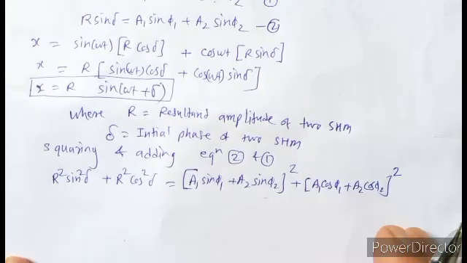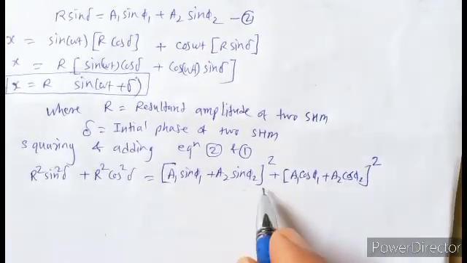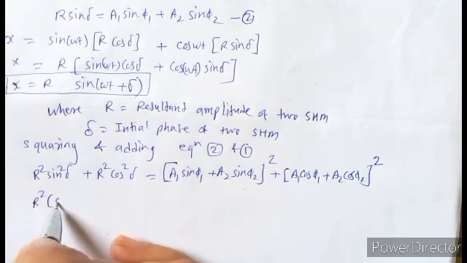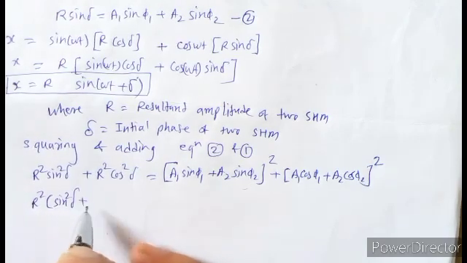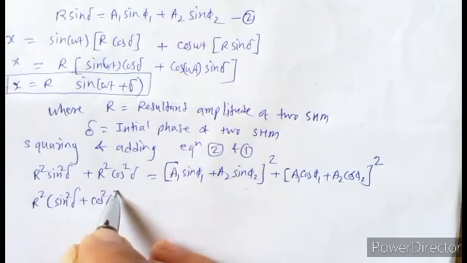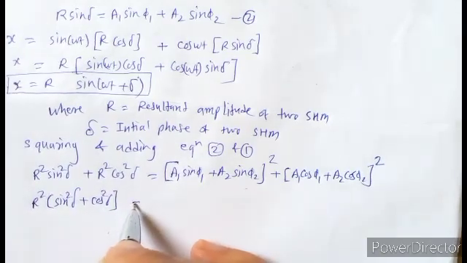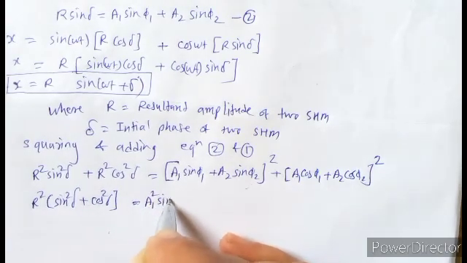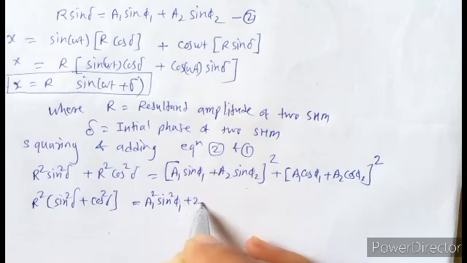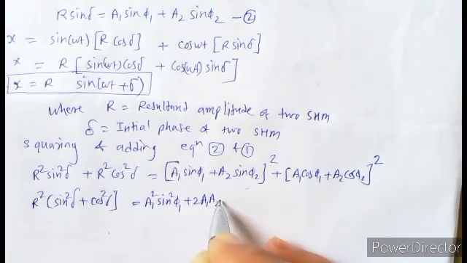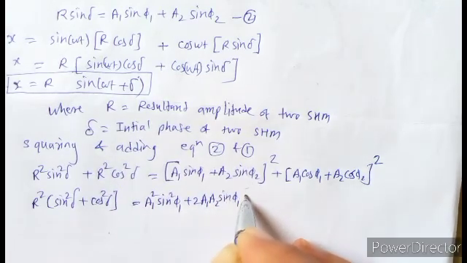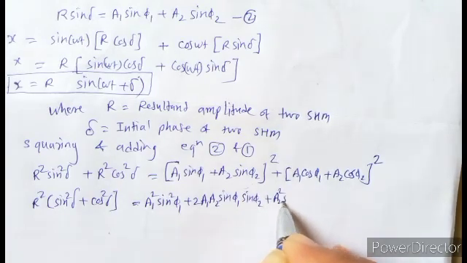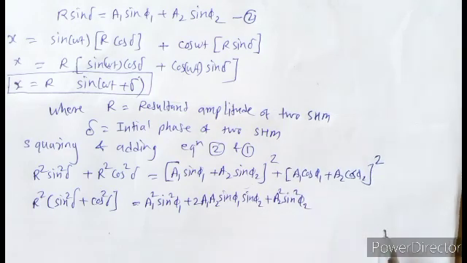Now do the expansion of the RHS, both the brackets. From LHS take r square as common, inside bracket sin square delta plus cos square delta. Expanding the first bracket, we get a1 square sin square phi 1 plus 2 times a1 a2 sin phi 1 sin phi 2 plus a2 square sin square phi 2.